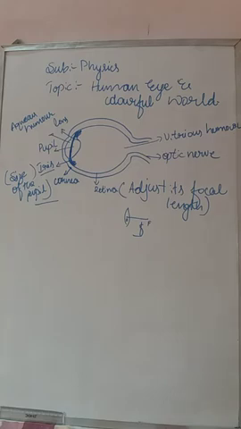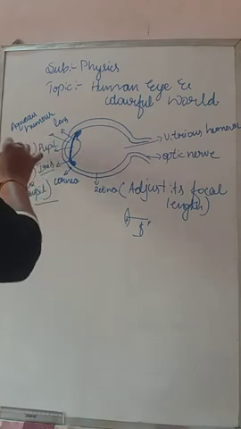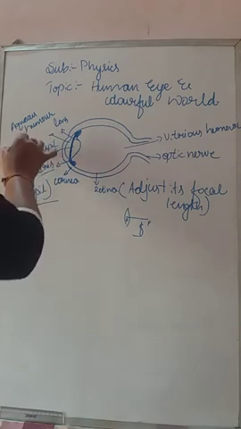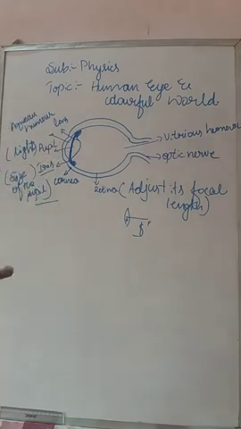What is the work of the pupil here? The organ which regulates the amount of light entering the eye. How much light should go into the eye, only that much light should be taken. I think you are experiencing this already. If a flashlight comes, you automatically close your eye.